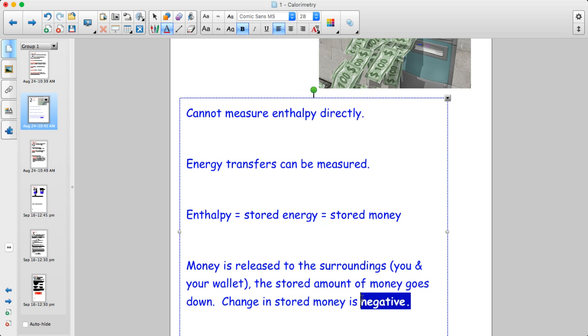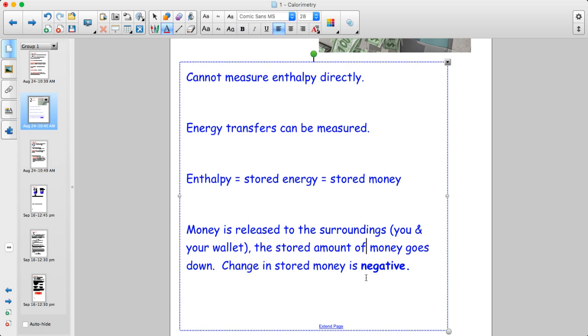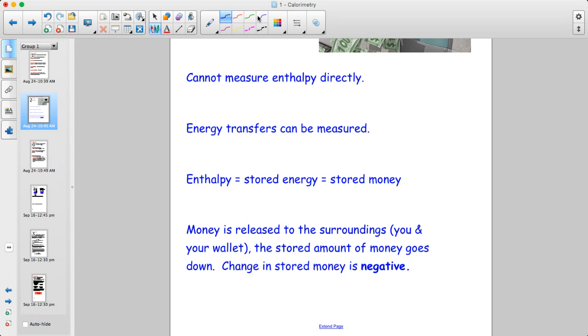Okay. So in the same way, when we're going to do reactions that release energy to the surroundings, reactions like combustion that are very exothermic, they release heat energy to the surroundings. Those reactions are going to get negative delta H's.